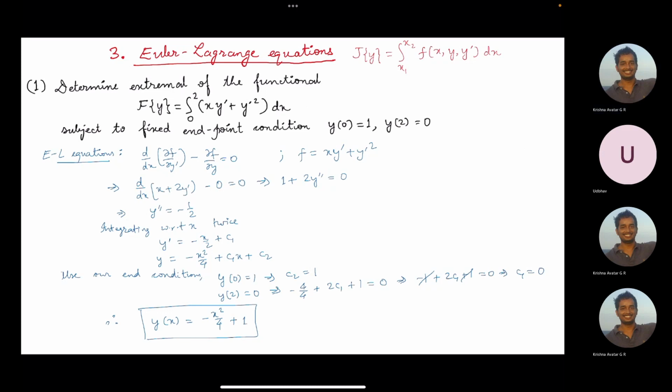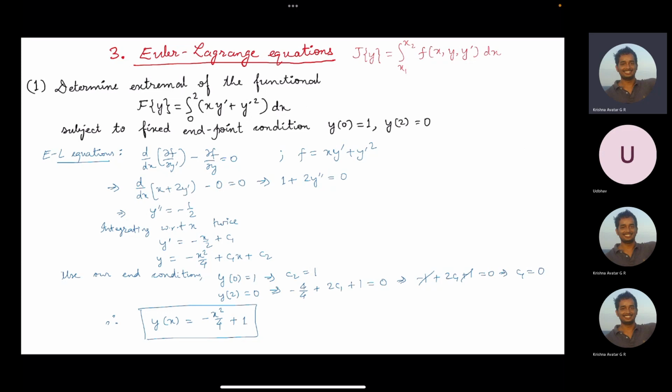So the first question asks us to determine the extremal of the functional F of y equal to the integral over the domain 0 to 2 of (x y plus y prime squared) dx, subject to the fixed endpoint conditions y of 0 equal to 1, y of 2 equal to 0.